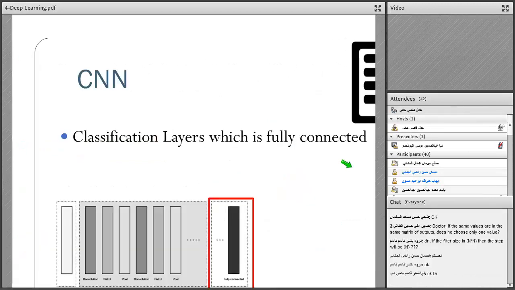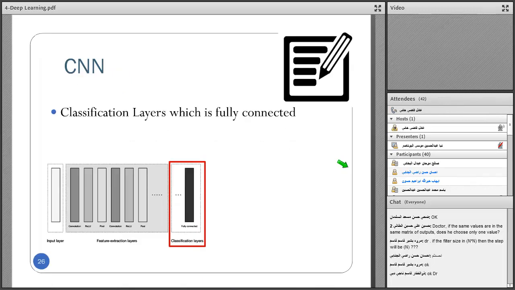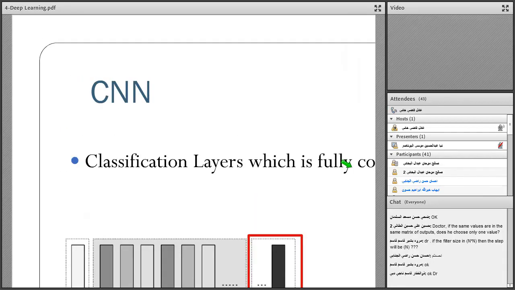And the last subject is this. We said that in the CNN, the convolutional neural network, the final layers that we have are the classification layers.